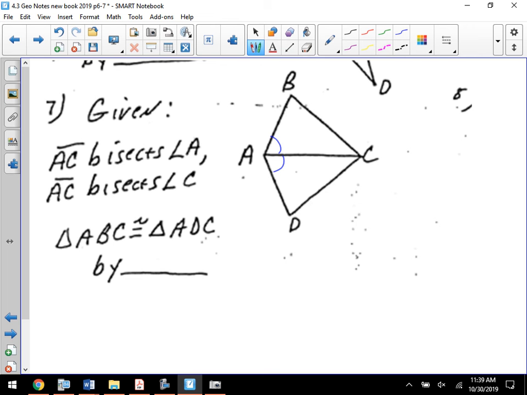Same deal here, when they're using just one letter, talking about the large angle here. So you've got 2 angles, which means you got to figure out where does the side come into play. Is it between the 2 angles, or is the side across from one of the angles? It's going to be between because it's reflexive. So you've got angle, side, angle, okay?